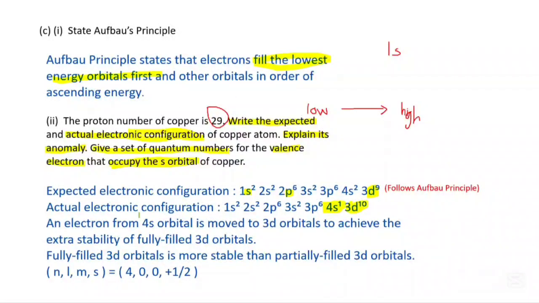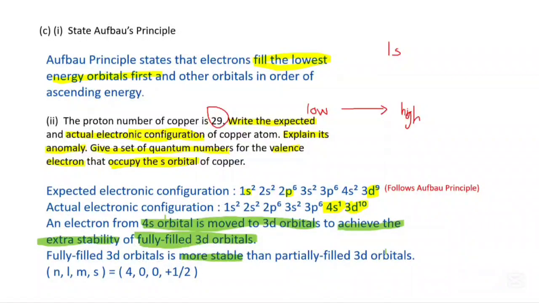An electron from the 4s orbital is moved to the 3d orbital. This is one key point. Another key point is achieving the extra stability. This will be your second key point. And then the third key point will be the fully filled 3d orbital. A fully filled 3d orbital is more stable than a partially filled 3d orbital.